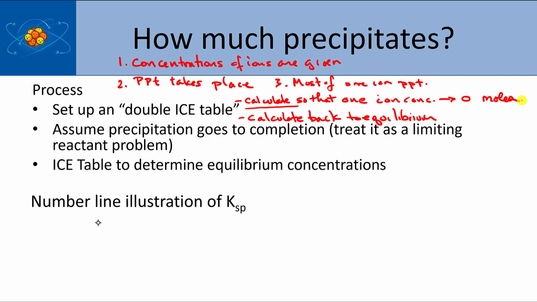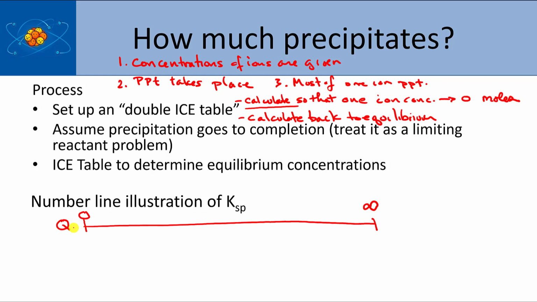So I'm going to give you a number line version of Ksp. It's going to look like this. My number line is going to go from here to here, and I'm going to have 0 over here and infinity over here. What this number line represents is all the possible values of Q, the product of the ions raised to their stoichiometric coefficients.